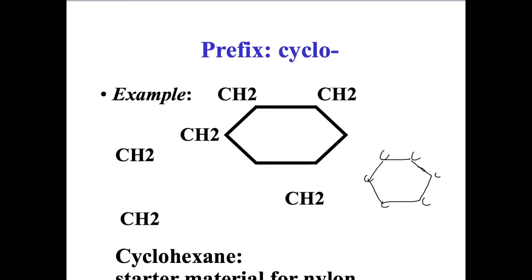And at each one of these corners, I have a carbon atom that's understood to have 2 hydrogens attached to it. So let me draw these bonds in for my hydrogen. Because it's a looped structure, I'm going to use that prefix cyclo. There are 6 carbons, so hex, and they're all single bonded, ane. So this is cyclohexane, and this is a starter material for making nylon.